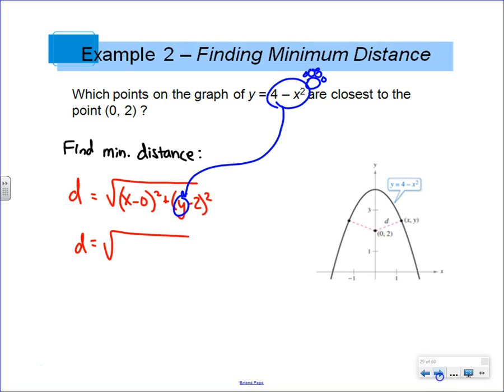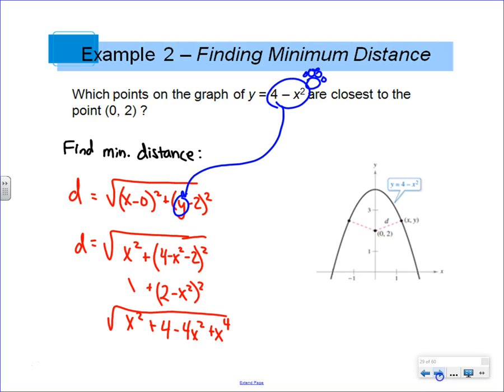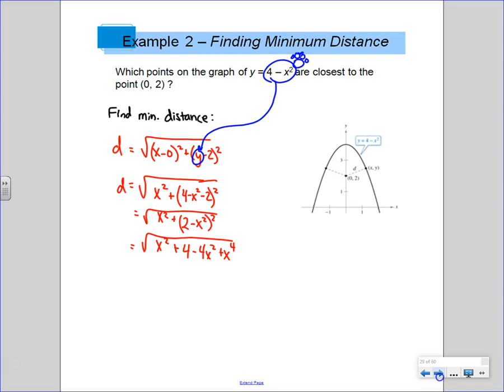So now we have d equals the square root of x squared plus (4 minus x squared minus 2) squared. I was careful with my signs. 4 minus 2 is 2, 2 minus x squared, so it's negative x squared. Simplify.